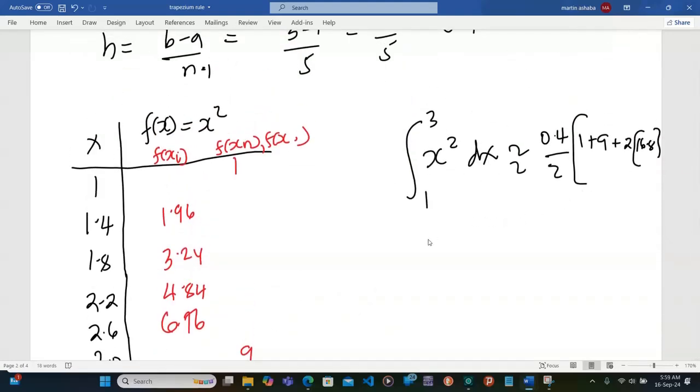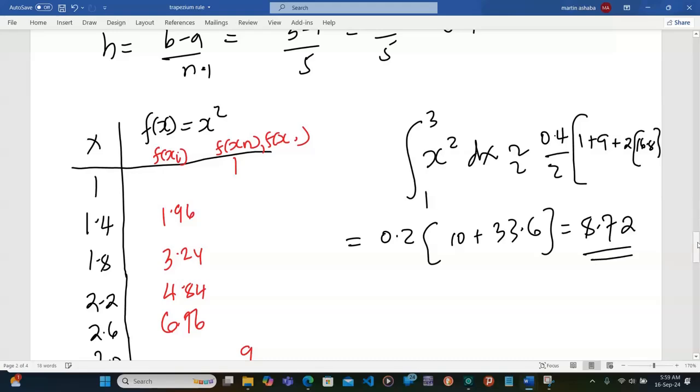So this is going to be 0.2 into 10 plus 16.8 multiplied by 2, which gives 33.6. So if we add 10 and multiply by 0.2, this is giving us 8.72.